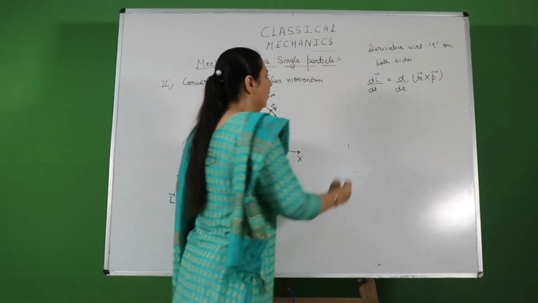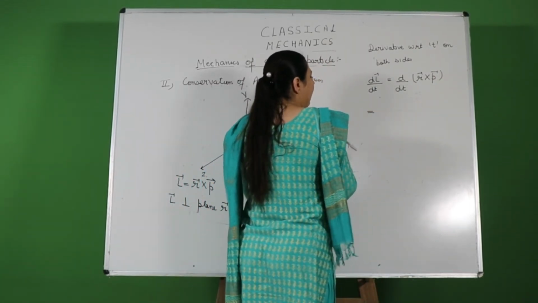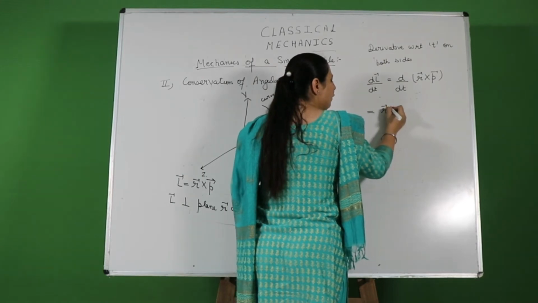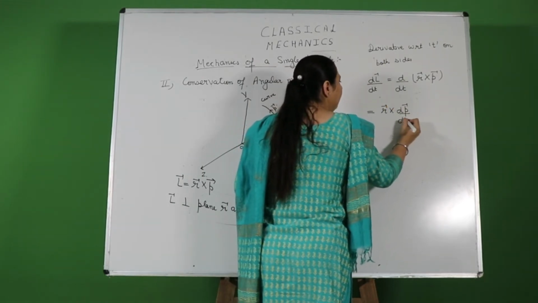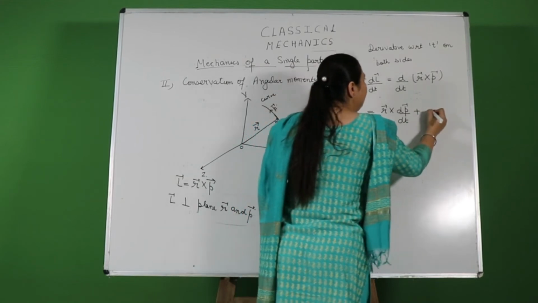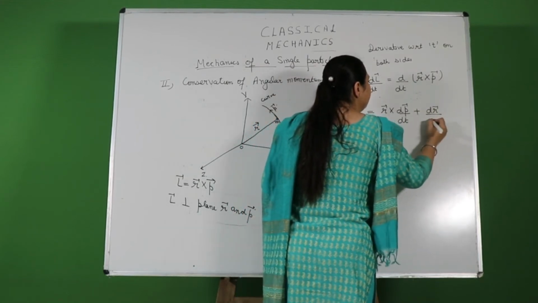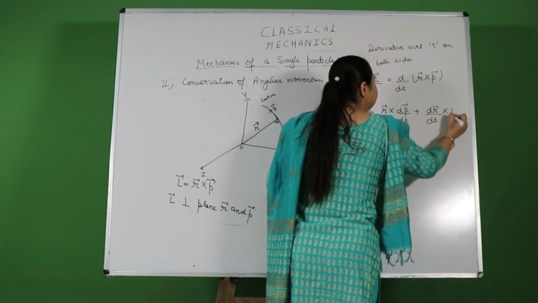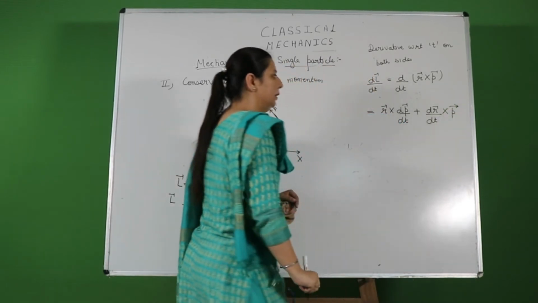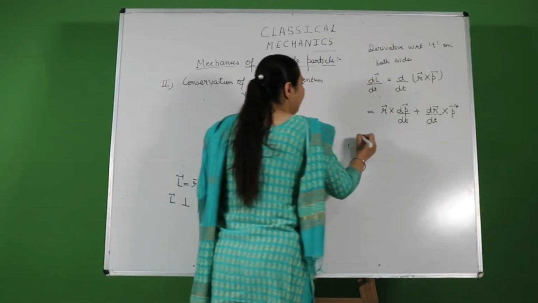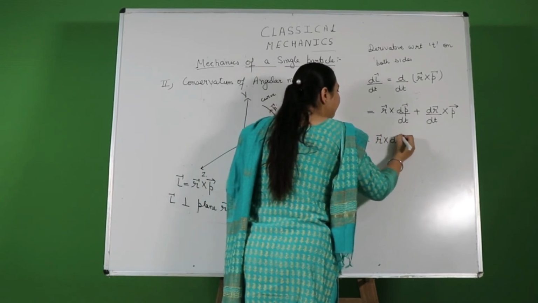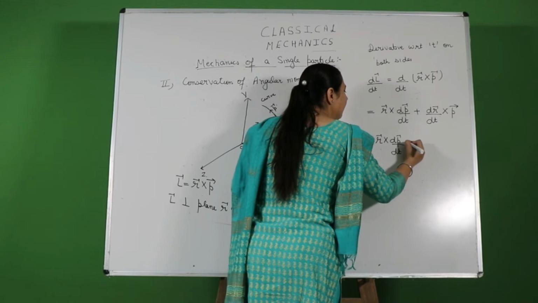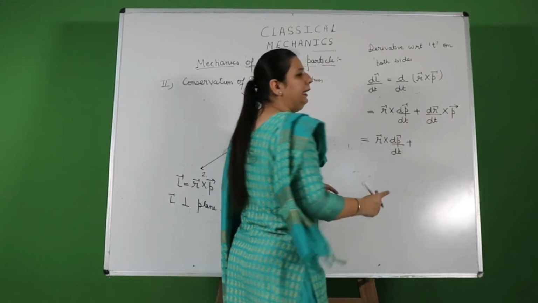Okay. So I use the formula: first function as it is into derivative of the second, plus derivative of the first cross second function as it is. So I can write it as r cross dp by dt plus dr upon dt, what is it?